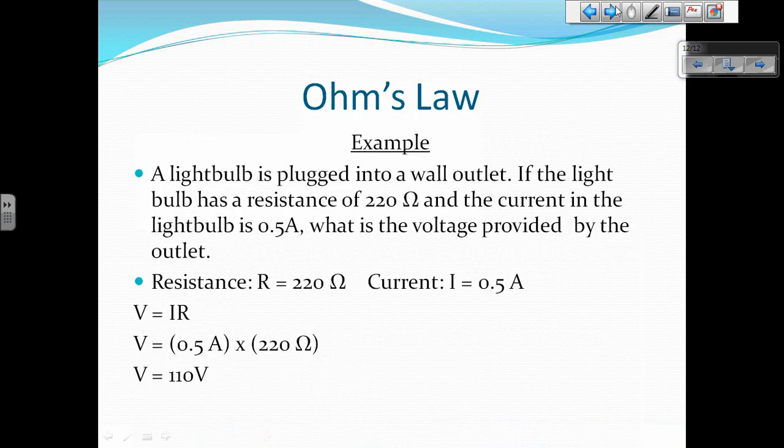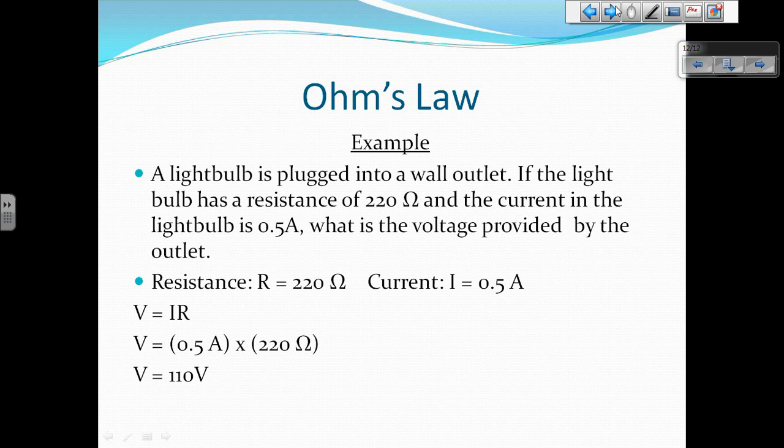Let's look at an example of Ohm's law, okay? It says a light bulb is plugged into a wall outlet. If the light bulb has a resistance of 220 ohms and the current in the light bulb is 0.5 amps, what is the voltage provided by the outlet? This is a simple one because all we've got to do is identify what we know. We know that the resistance is 220 ohms and the current is 0.5 amps.